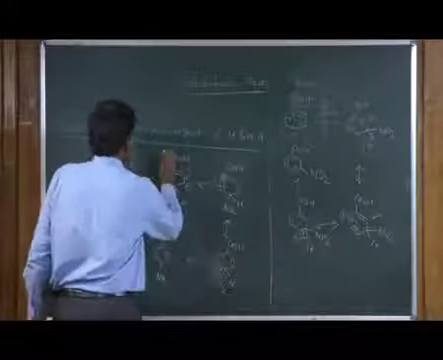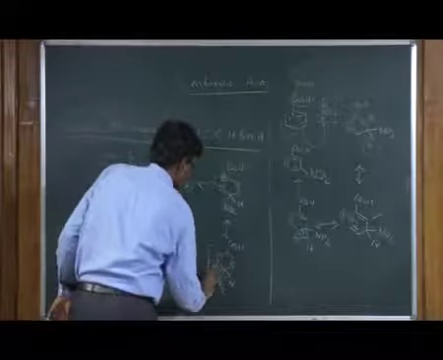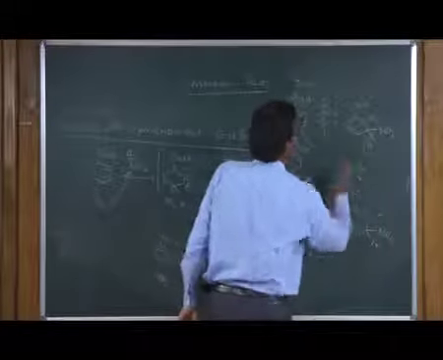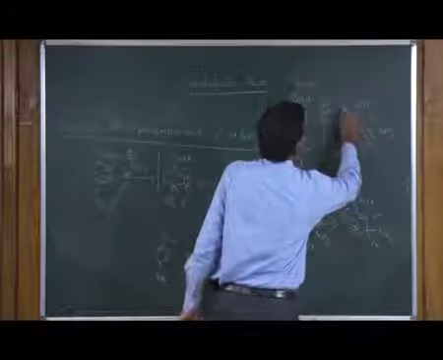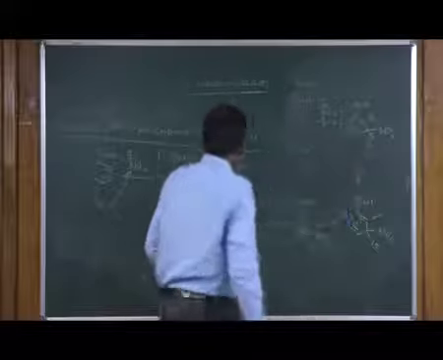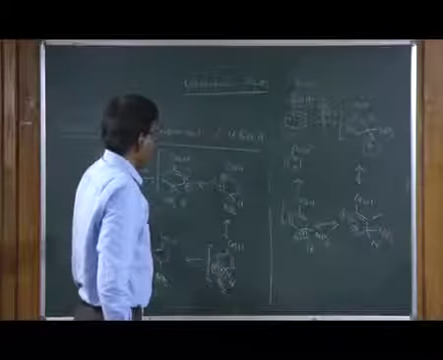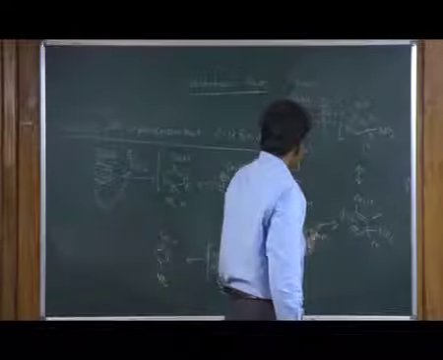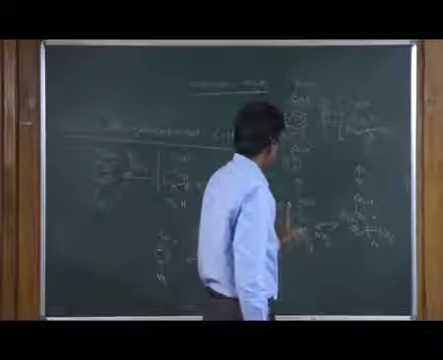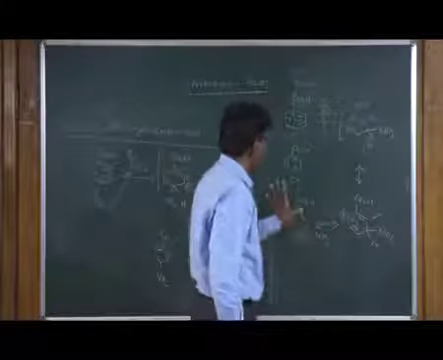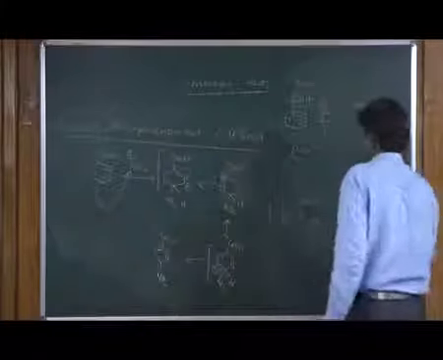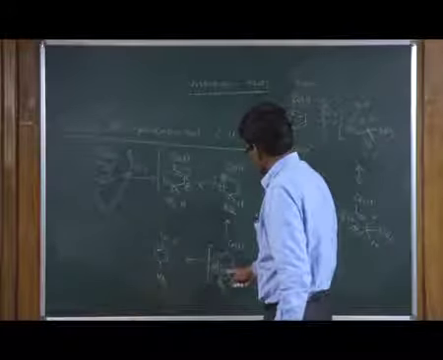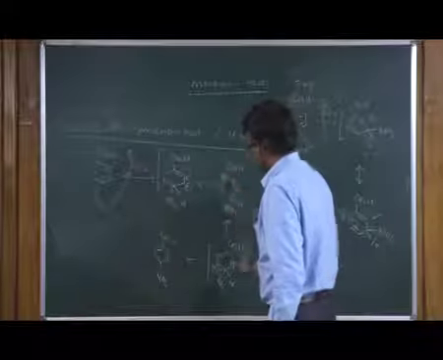If you compare the resonance structures, if the electrophile undergoes reaction at the meta position, we will have these three resonance structures. On the other hand, if the electrophile undergoes reaction at the para position, we will have these three resonance structures.